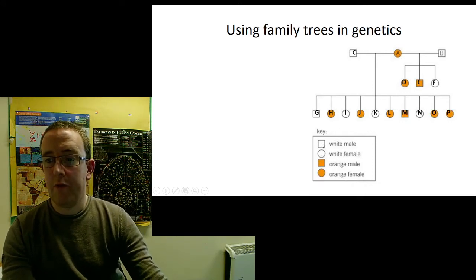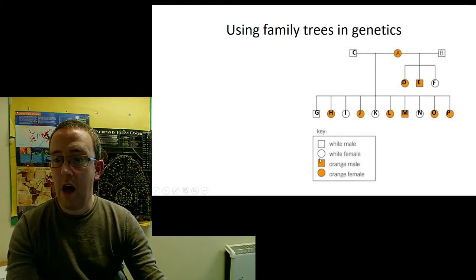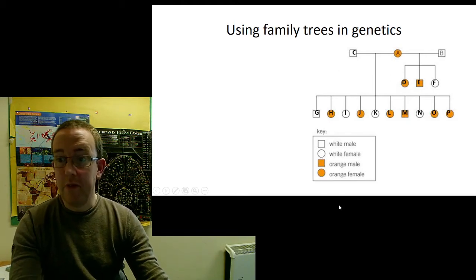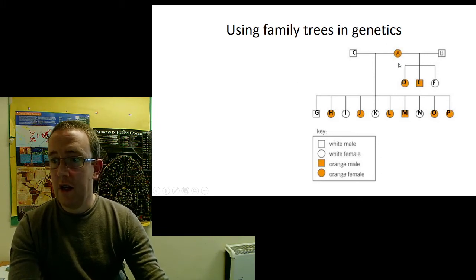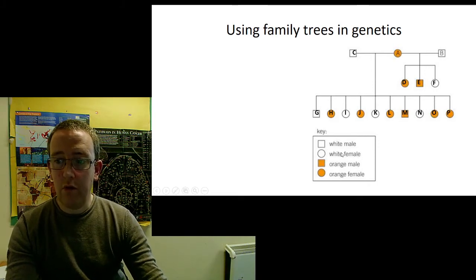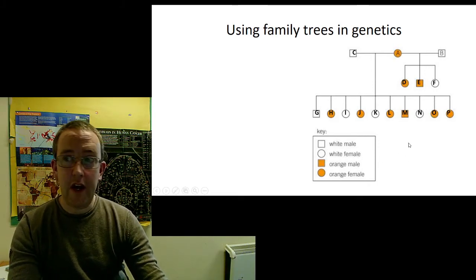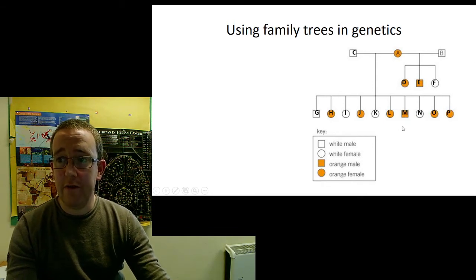So squares for male, circles for female, and then colours, shaded or not shaded, can mean whatever the key says that it means. In this instance, the orange ones are our orange tigers, and the white ones are our white tigers. So obviously this is a family tree of tigers that has got some white tiger genes in it.